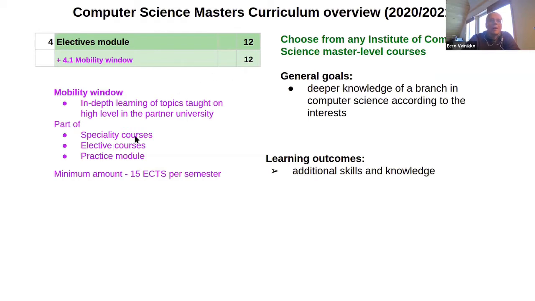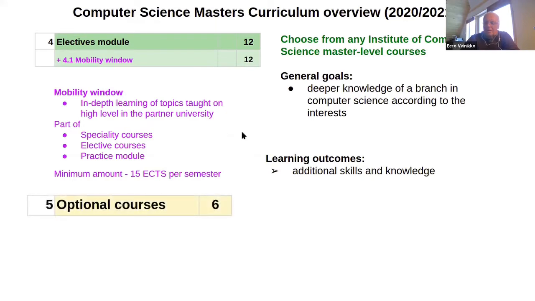It is a way to go for a semester abroad to some partner university of the University of Tartu. You have to take at least 15 credits per semester abroad. It means you fill those elective module courses, for example, but you can also choose some speciality module course and get it transferred to this speciality module by the program manager.